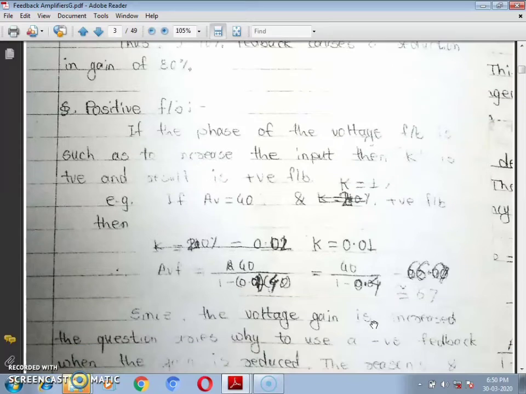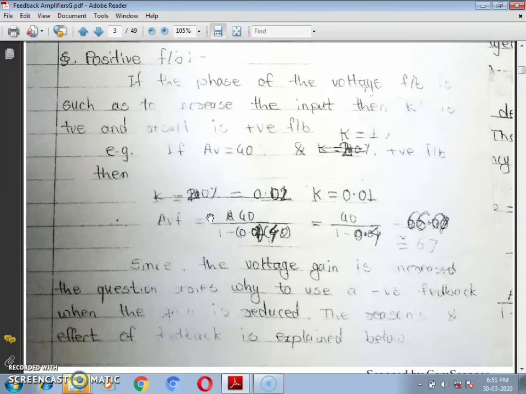By plugging in that value, you have the voltage gain with feedback as 66.66, approximately 67. The voltage gain without feedback is 40 and the voltage gain with feedback is 67. Thus with positive feedback, the gain is improved, but with negative feedback, the gain is reduced.